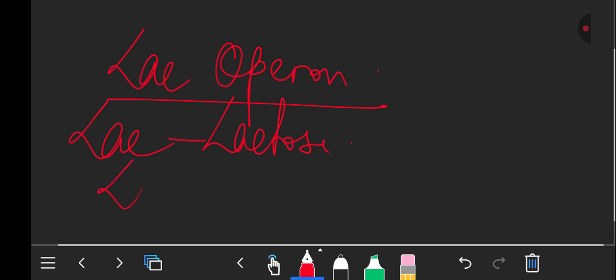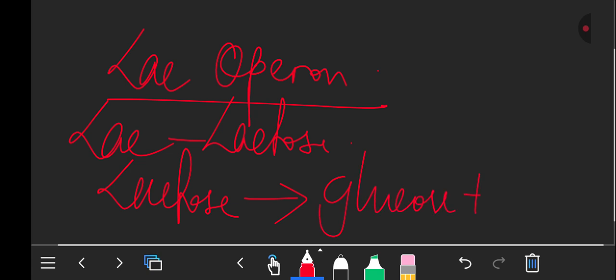Okay, and we said that this lactose is just a disaccharide which is made up of glucose and also galactose. So when glucose combines with galactose, it forms what is known as lactose.